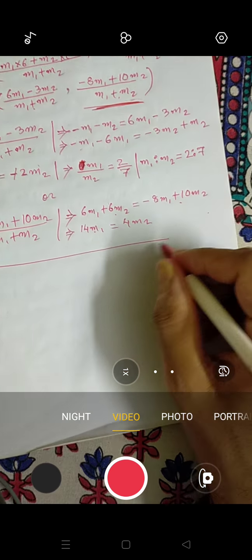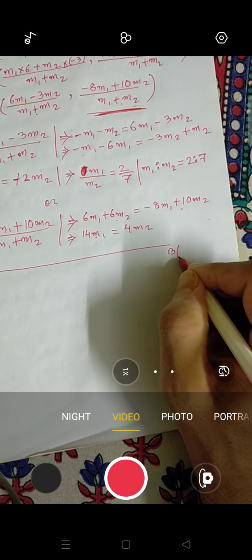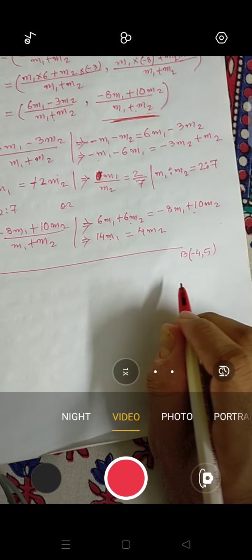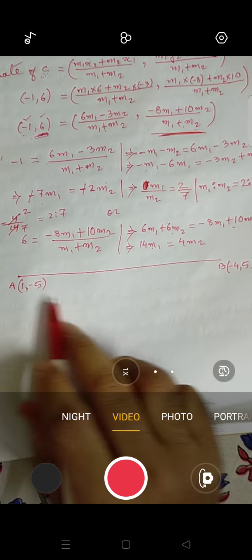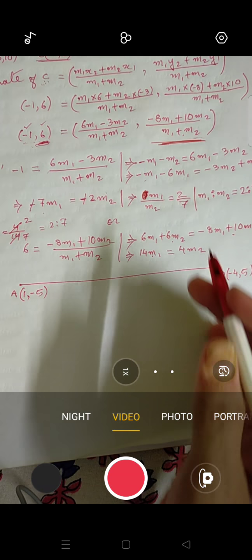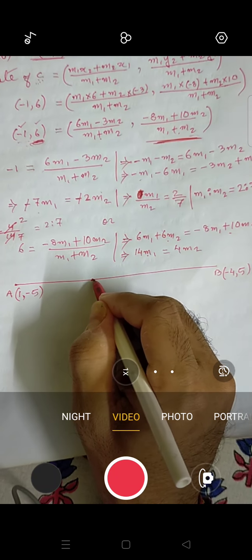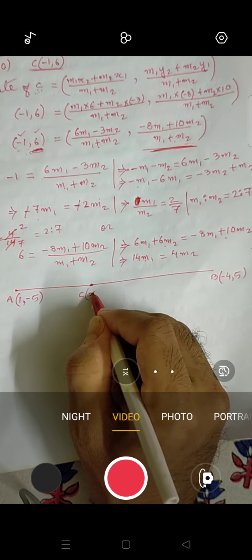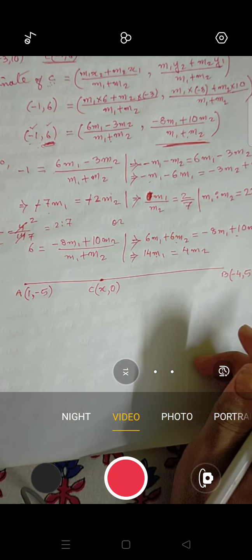And what is B? Minus 4 comma 5. Now these 2 points, when we join, it divides at the x-axis. That means let us suppose somewhere here is the x-axis. So let us suppose C is x comma 0. Any problem?